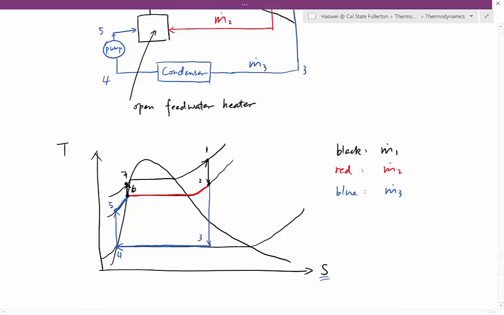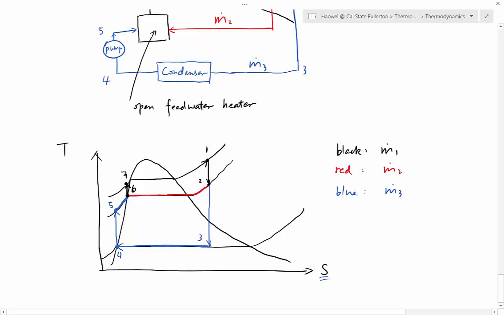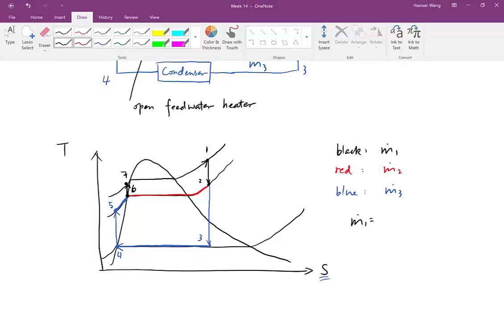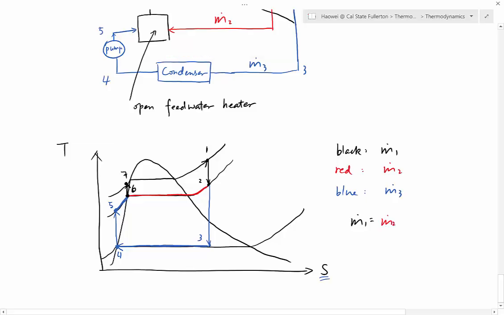And again, the relation between them is total mass flow rate m dot 1 is equal to m dot 2 plus m dot 3. This is how you sketch the whole process on a T versus S diagram.